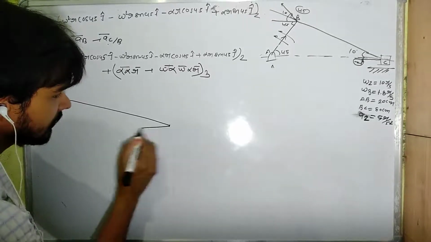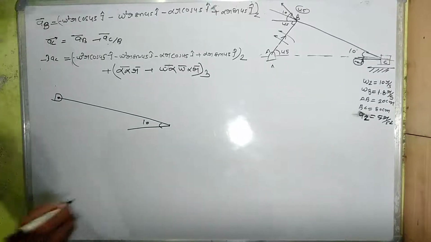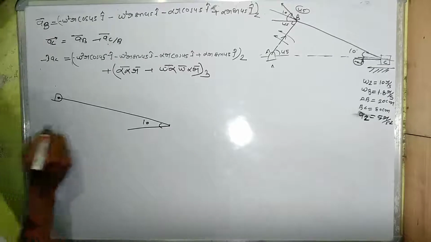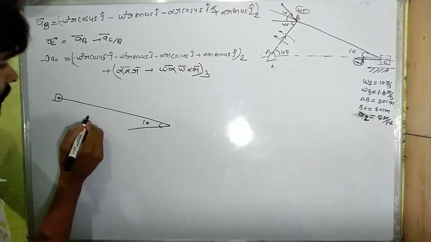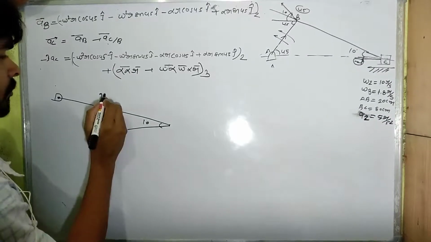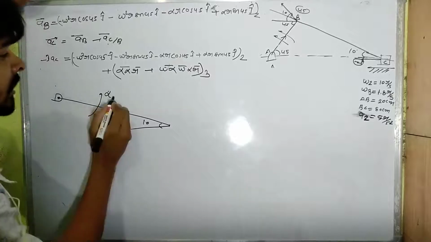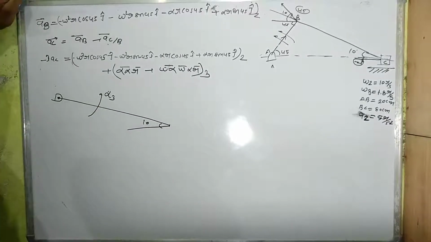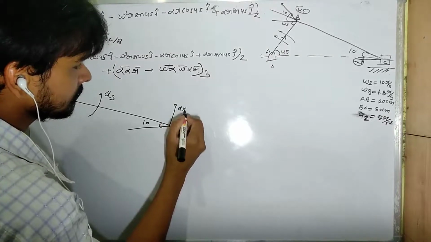You know that this angle is 10 degrees. Okay, if this angle is 10 degrees, suppose my assumption is wrong or right, I don't know, but this will be the alpha cross R actually. Sorry, alpha direction. I am going to assume the alpha 3 direction is in this direction. So alpha cross R will be in this direction.